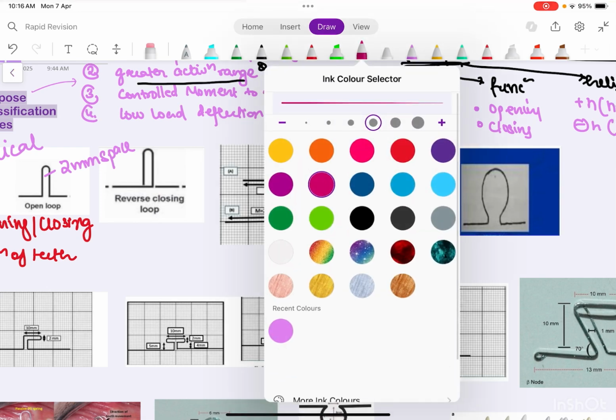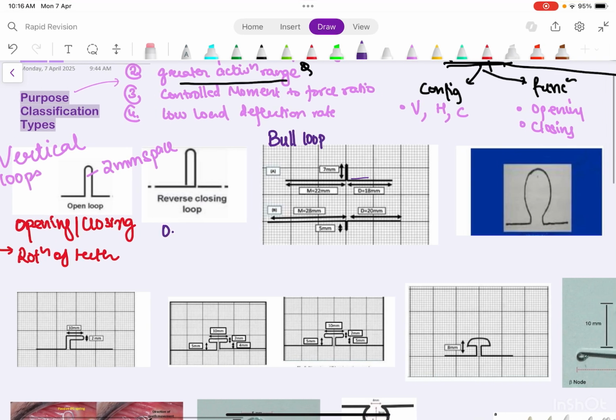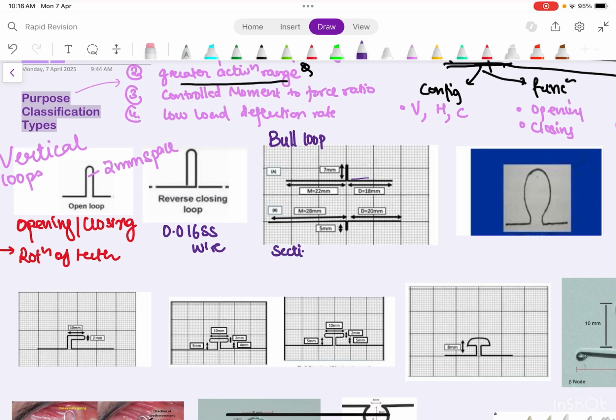Coming on to the next one, this is similar to a vertical loop, but you cannot see any space here. So this is nothing but the bull loop. Here I want you to know that this is made up of 0.06 stainless steel wire, made by sectional stainless steel wire.